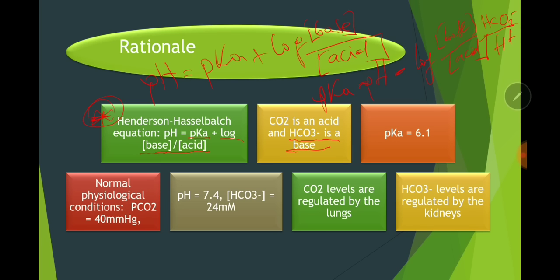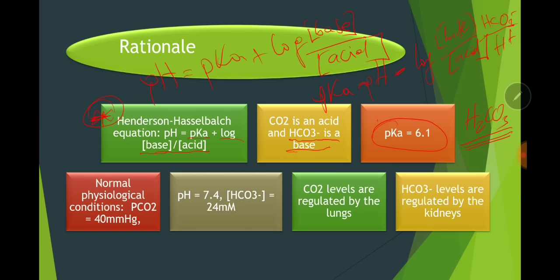And the pKa for carbonic acid, when the carbon dioxide dissolves in water, is like this. So the pKa for this is 6.1. So you can see that it's an acid, right?